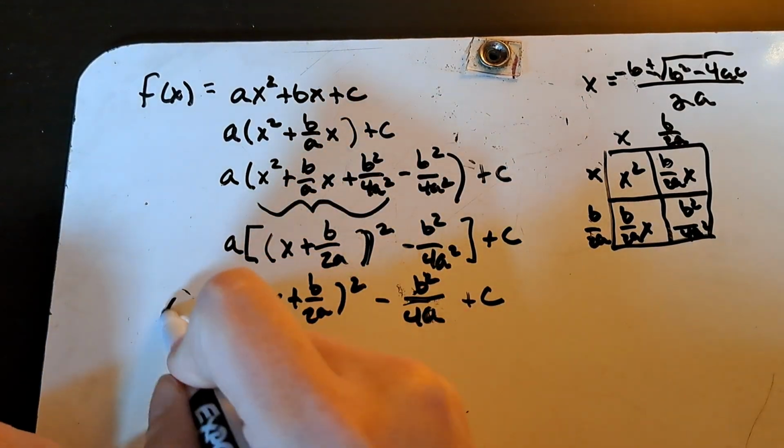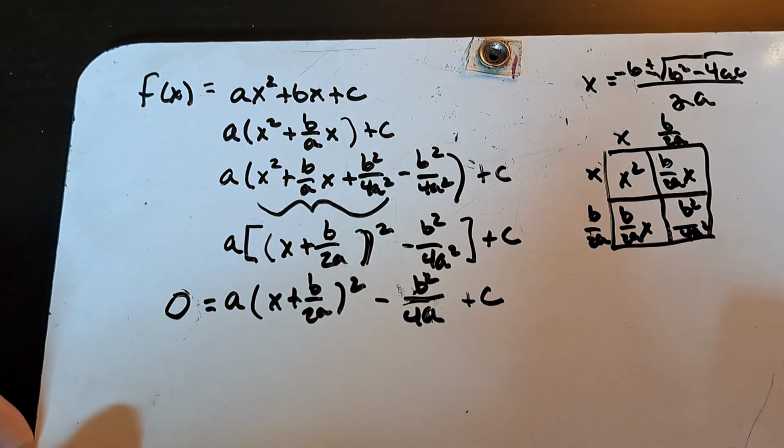So now this side of the equation is going to be equal to 0. Well, this is where my x is. If you notice, this part right here, these are all just constants. This is just going to end up becoming one number.